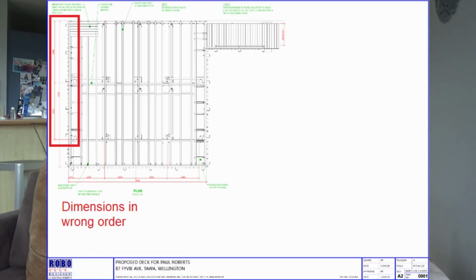If I start changing some of the parameters, like the handrail type, the shape of the deck, the width or the length, or even how the deck's attached to the house, other problems start arising. There are more problems with leaders not lining up, dimensions in the wrong order, and an unknown number of other problems if I change some of the other parameters.